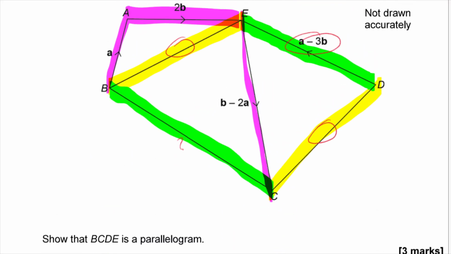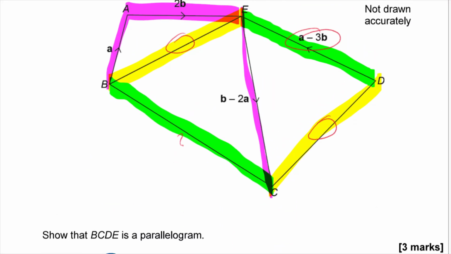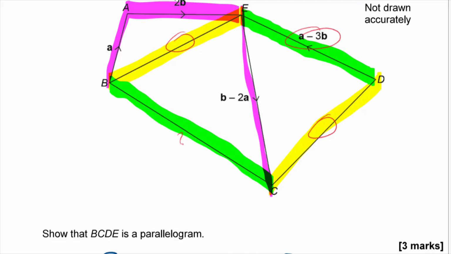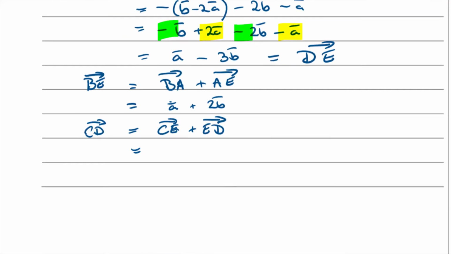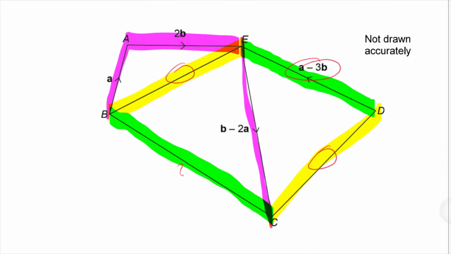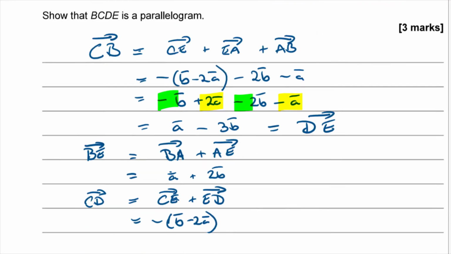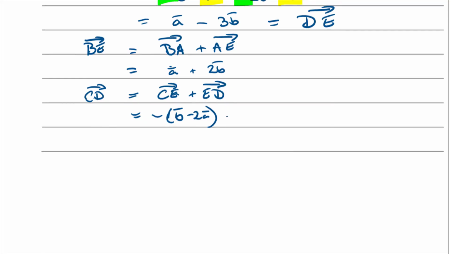So C to E is B minus 2A. Oh, it's going against the arrow, isn't it? So it's minus that: minus B minus 2A. And then again, I'm going against the arrow of that one, so it's minus A minus 3B.